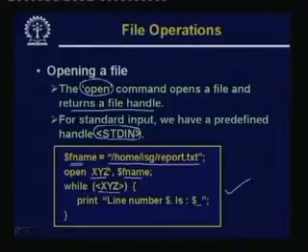Similarly, here XYZ represents the file handle, while within angular bracket XYZ means the content, that means it is reading from this file in this while loop. So, we will go on reading until the end of file is encountered, line by line, and it is printing something, a line number.